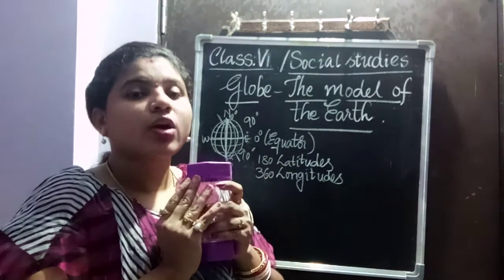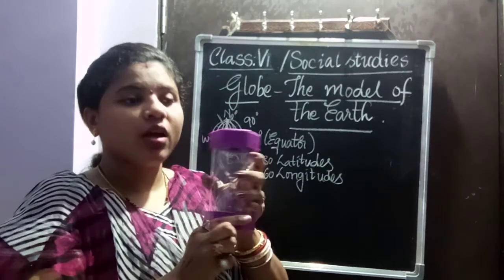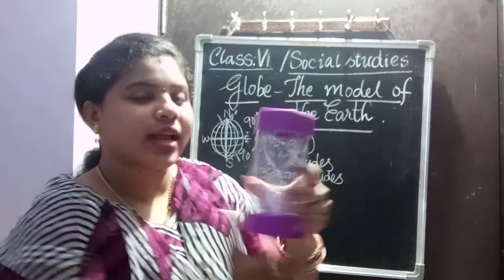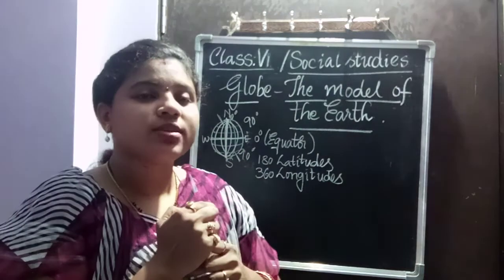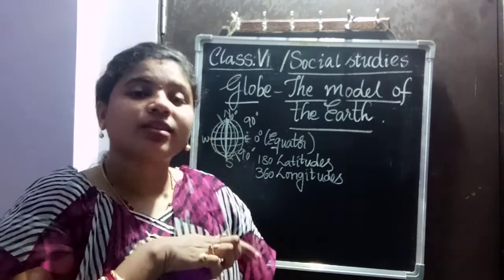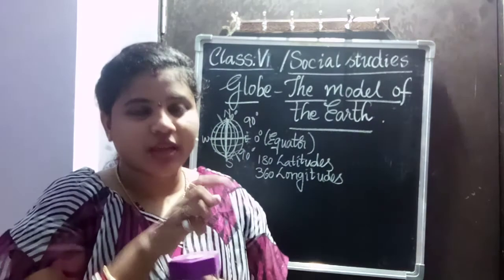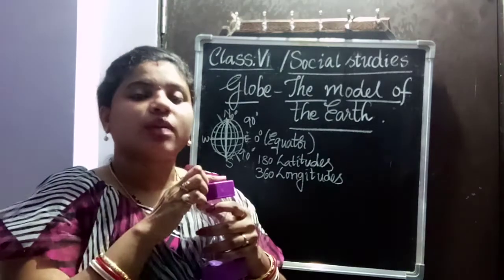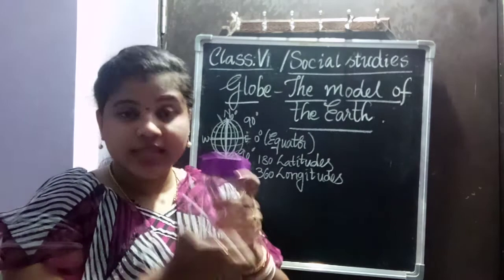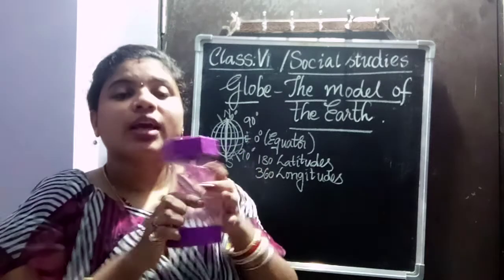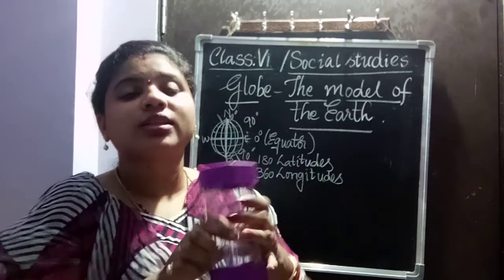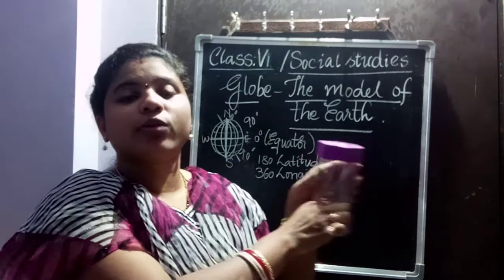Now we'll talk about revolution. The earth rotates as well as revolves. Where does it revolve? We learned in the lesson Earth in Our Solar System, lesson number 1, that the sun is in the middle, the main celestial body, whereas the other planets along with the earth revolve around the sun.